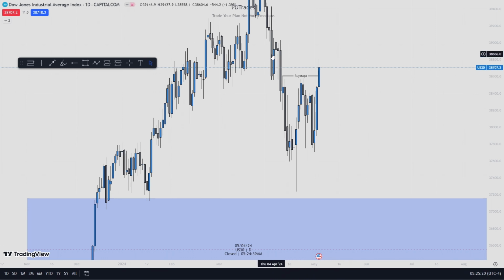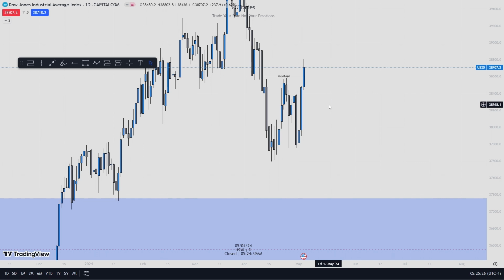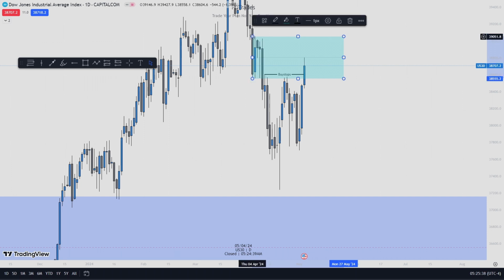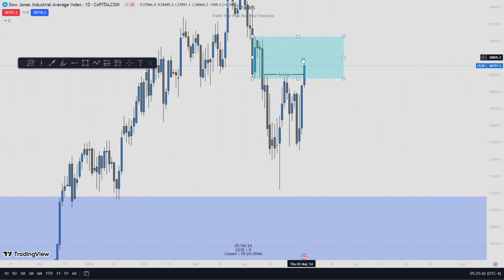So even on USDT, this is the time where we just have to wait and see what's really going on. If you check USDT, you see where it rejected right at the midpoint of this entire order block.